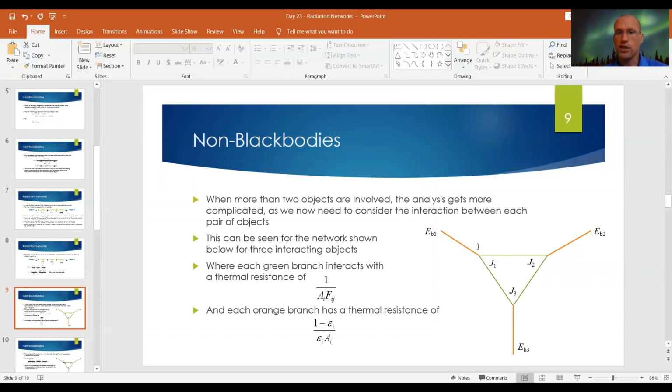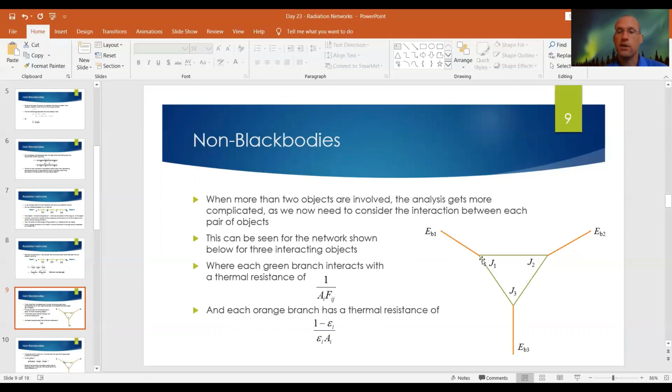Each of these orange resistances represents the surface, so getting from the inside of the object at EB1 to actually coming off the surface, J1. Same thing for EB2 and J2, same thing for EB3 and J3. This orange line resistance is going to look like 1 minus, in this case, epsilon 3 over epsilon 3 A3. So whichever one I'm going through has a resistance that looks like that.